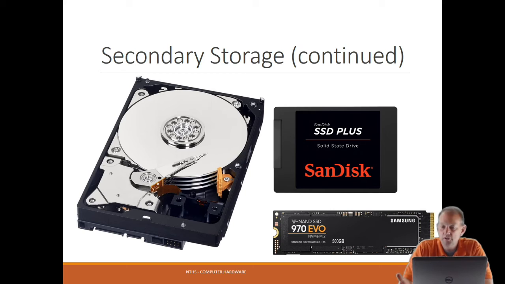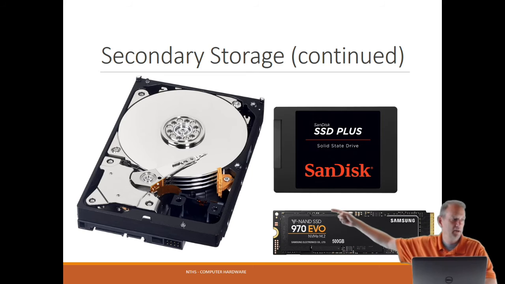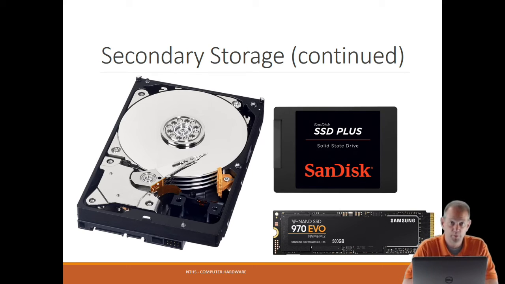Types of secondary storage. The most common that we have here at school, we have regular old-fashioned spinny drives, represented by the one on the left far over there. Oh, my hand disappears when I do that. Way over there, you can see the spinny drive. It's opened. That would be a failed drive right there.